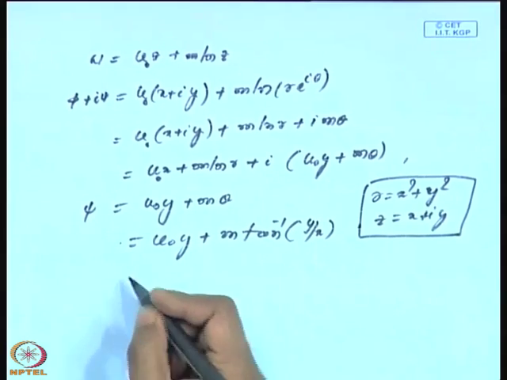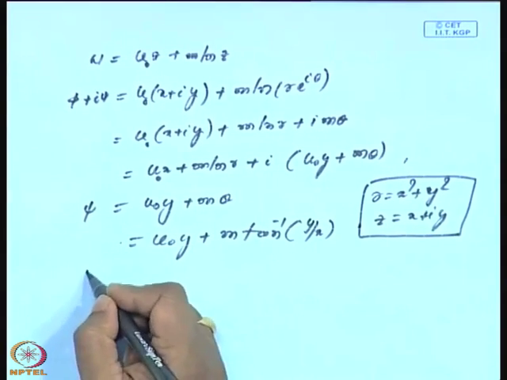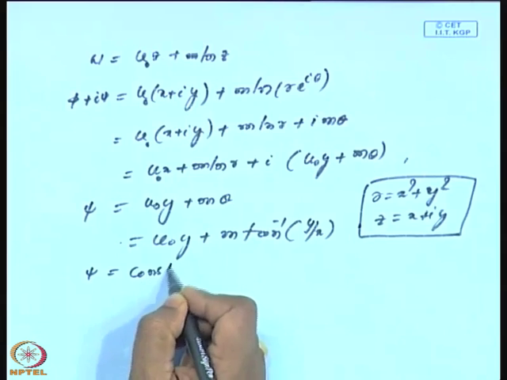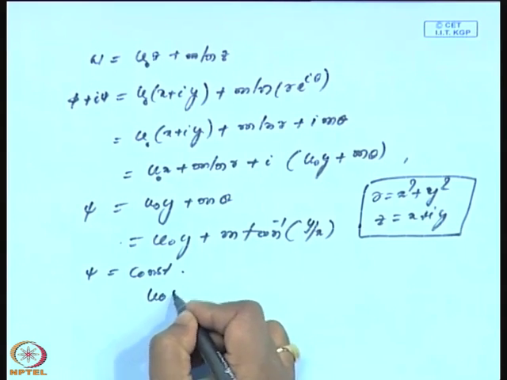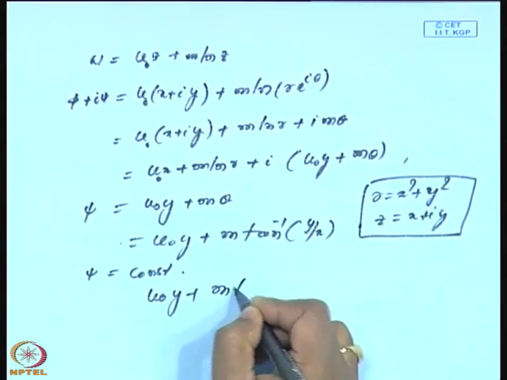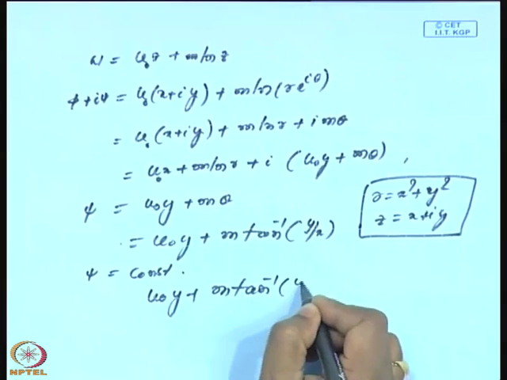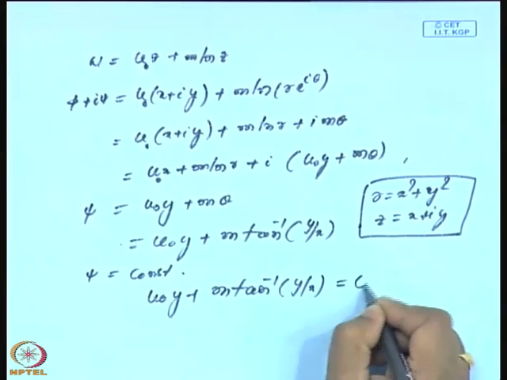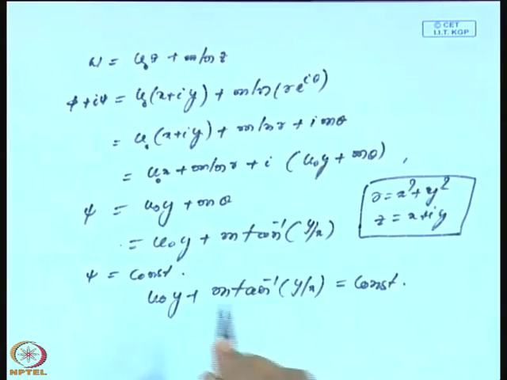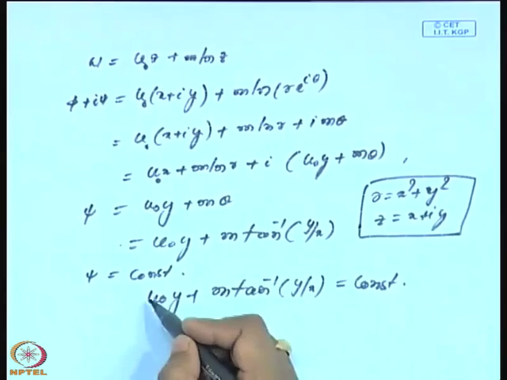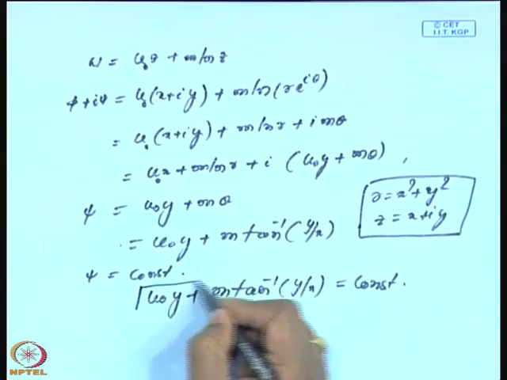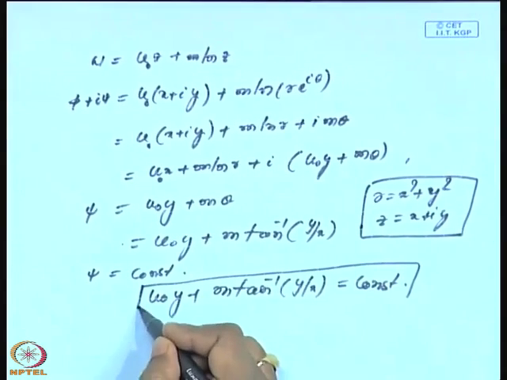So if I say psi is equal to constant, that means my streamlines will be tan inverse y by x constant. These are the streamlines.